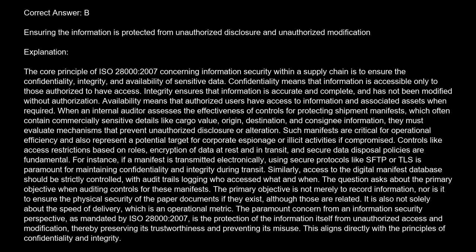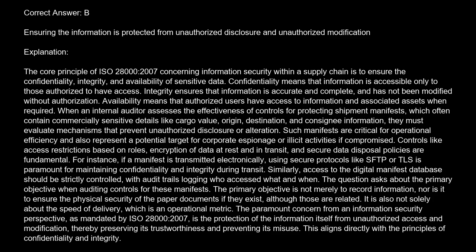Controls like access restrictions based on roles, encryption of data at rest and in transit, and secure data disposal policies are fundamental. For instance, if a manifest is transmitted electronically, using secure protocols like SFTP or TLS is paramount for maintaining confidentiality and integrity during transit.